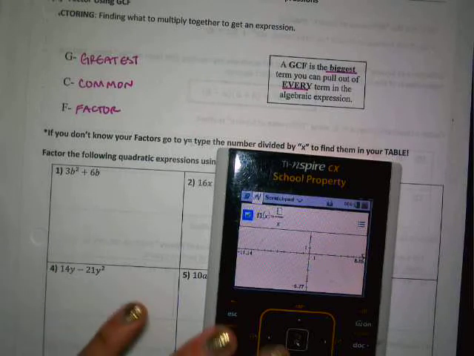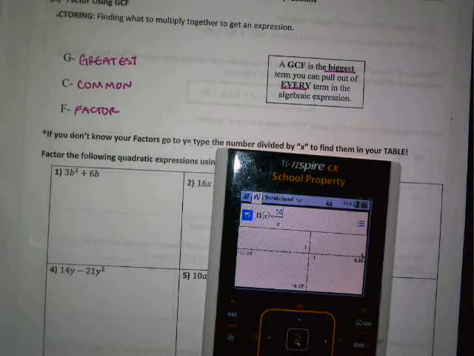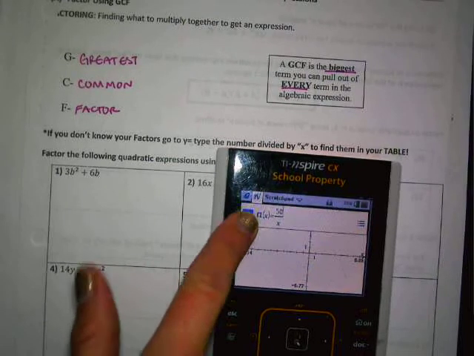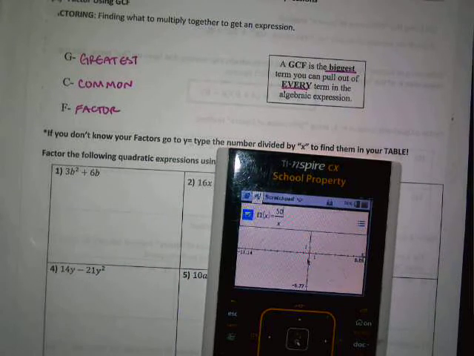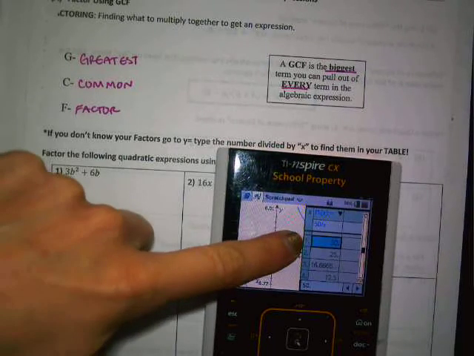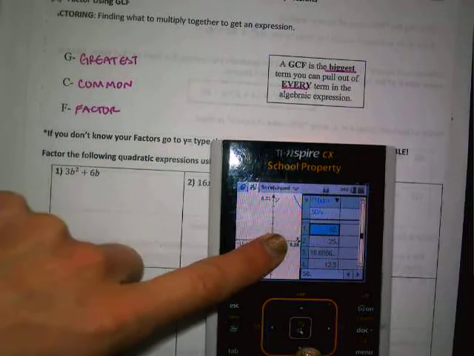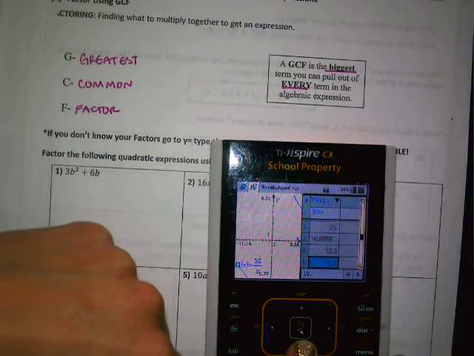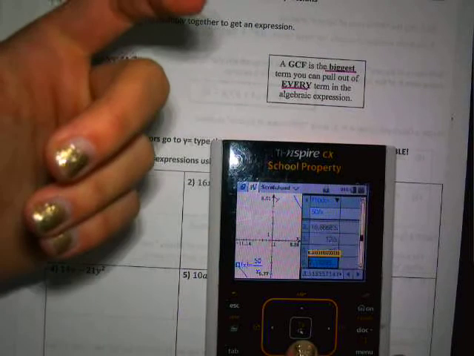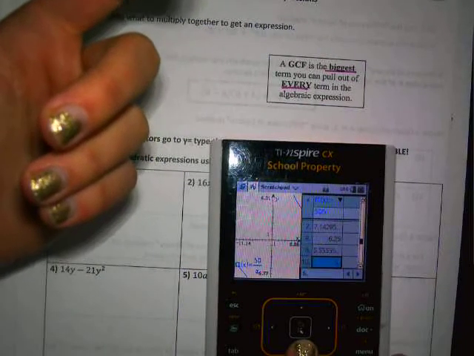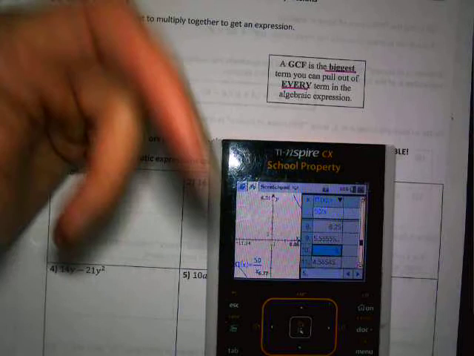Say you wanted to find the factors of 50. So you type 50 and you're going to divide it by x. Press enter. Don't worry about the graph. The graph doesn't matter. Control T to pull up the table. And all of the whole numbers are factors. So 1 and 50, 2 and 25, 5 and 10, and then I think that's all. The rest of them are going to be decimals until you loop back up to 10 and 5.